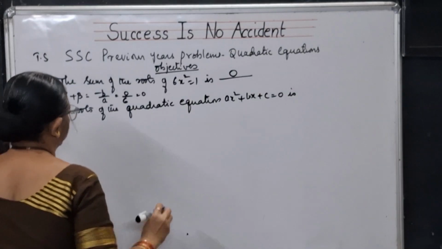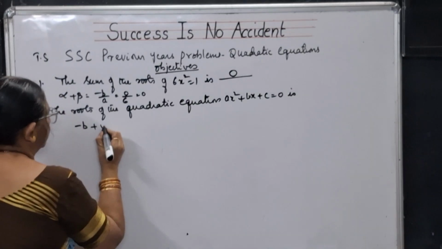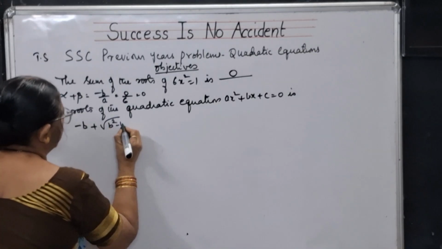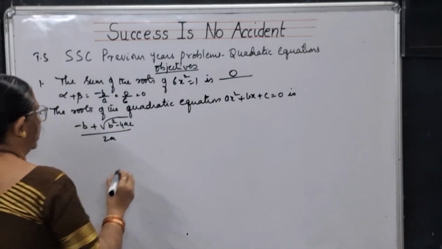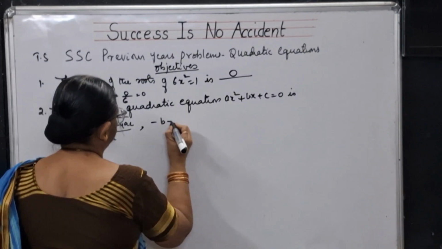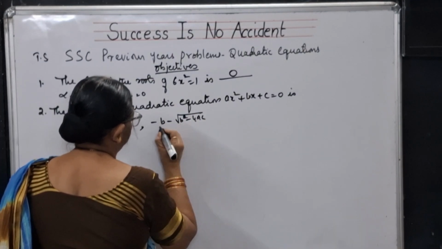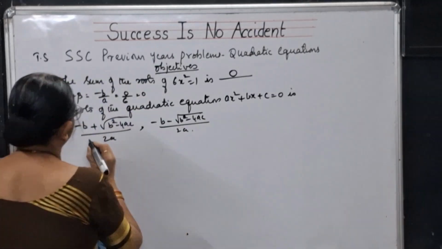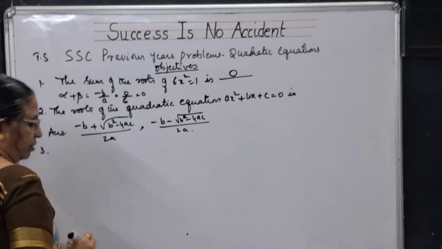You have got the roots as minus b plus root of b square minus 4ac by 2a can be one, and the other one minus b minus root of b square minus 4ac by 2a. These two can be considered as answers for this bit.